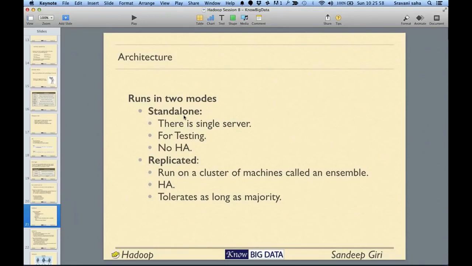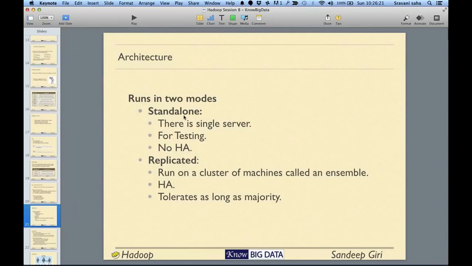So you might be thinking that Zookeeper just runs on one machine. But Zookeeper itself, like MongoDB, is a distributed service. There are multiple machines running Zookeeper parallelly. Okay, this mode is called replicated.